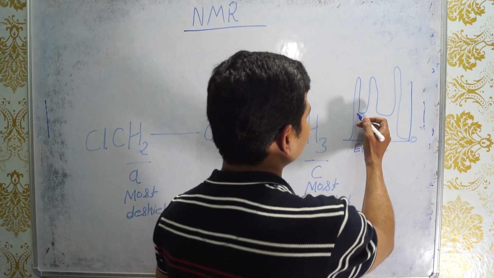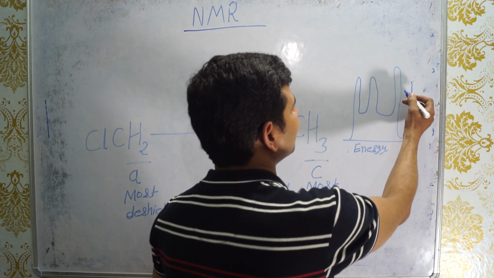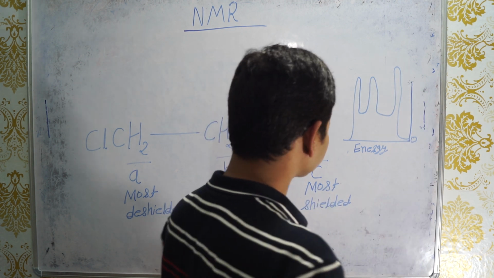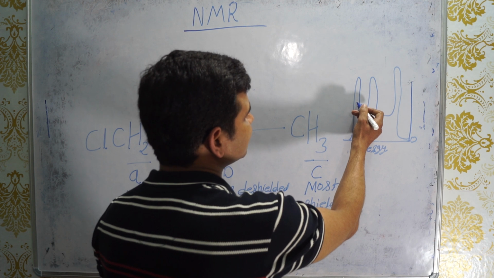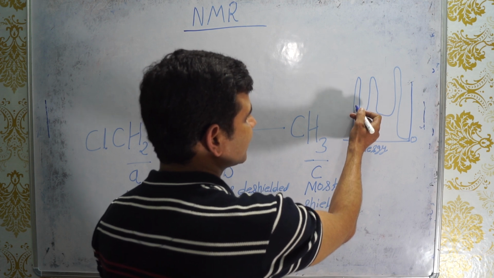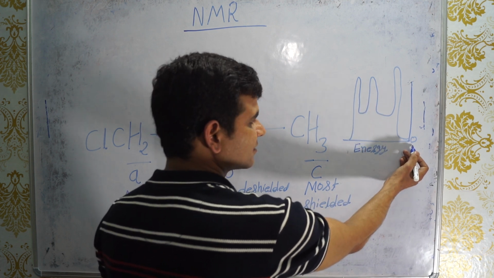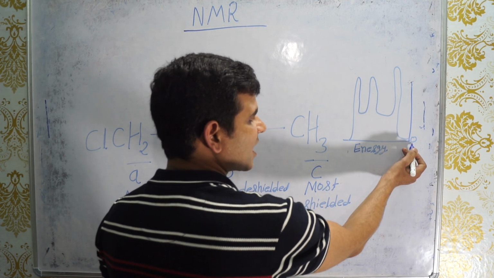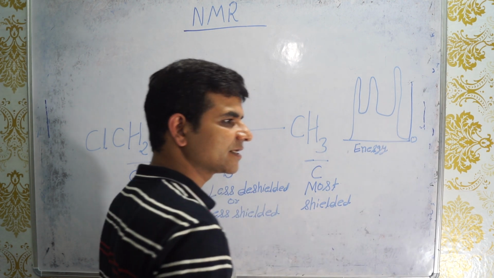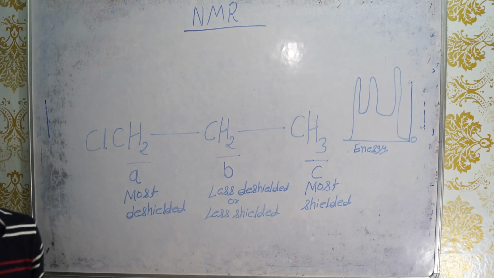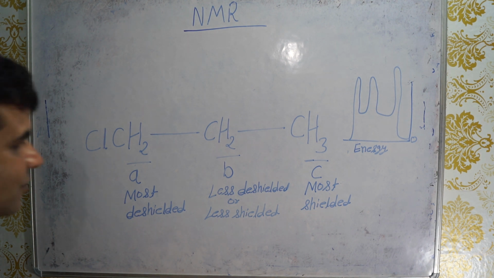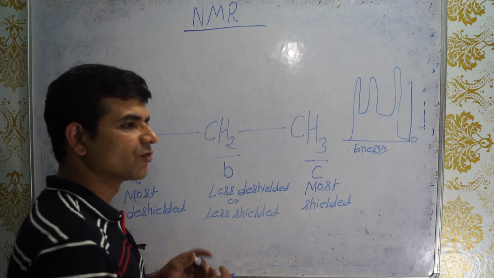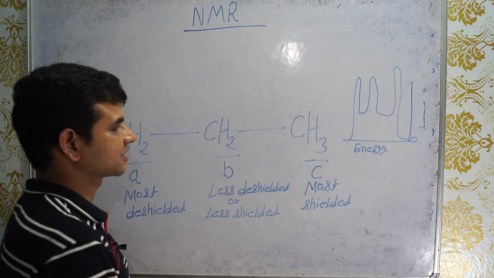Now let's discuss the meaning of this peak, this peak, and this peak. This peak is far from the 0 mark, and in the previous video we discussed that a peak far from the 0 mark represents hydrogen atoms that have taken more energy to go into beta spin.